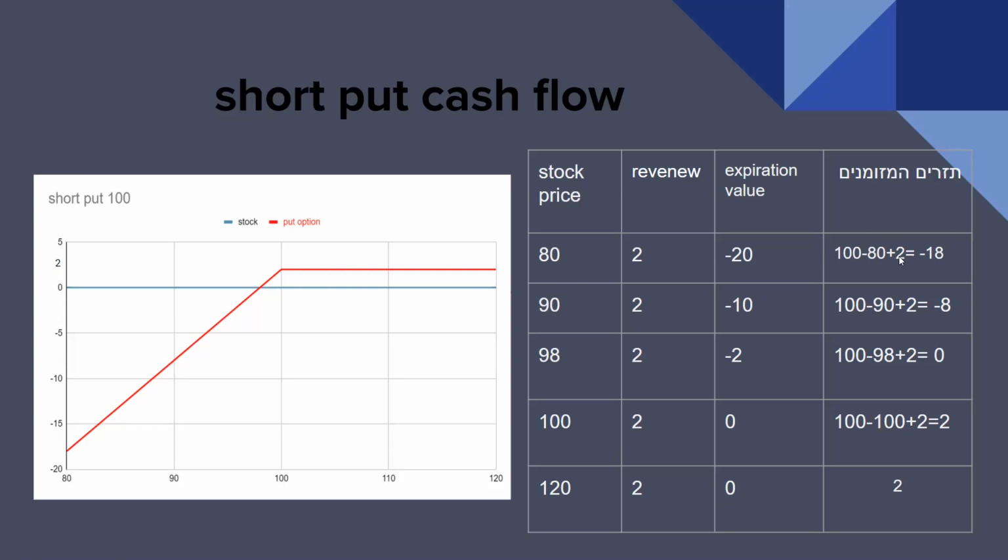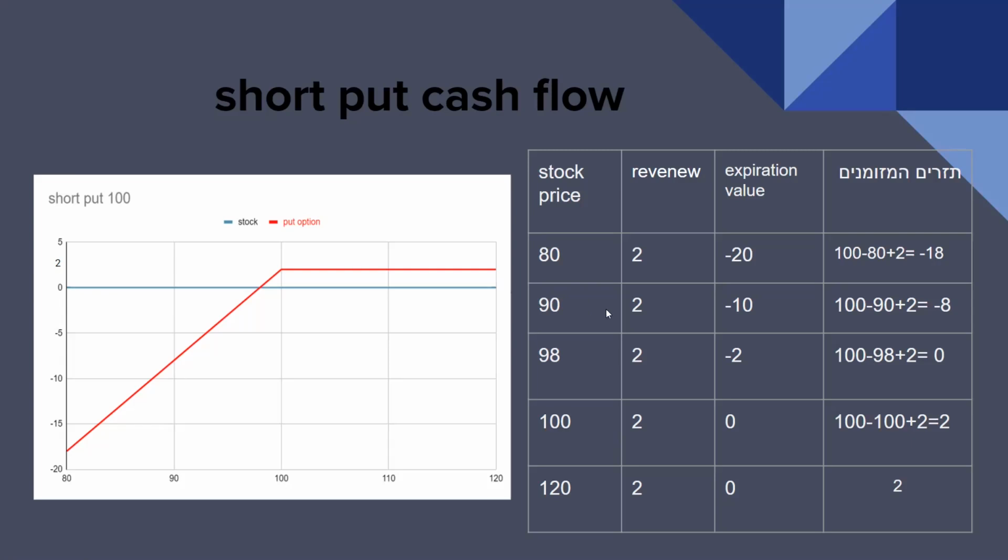And you got just $2 more, which means you lost all in all $18. I know it should be minus here, my mistake. But remember that for you as a seller, expiration at 80 means that you lost $20, but you only got $2 back.